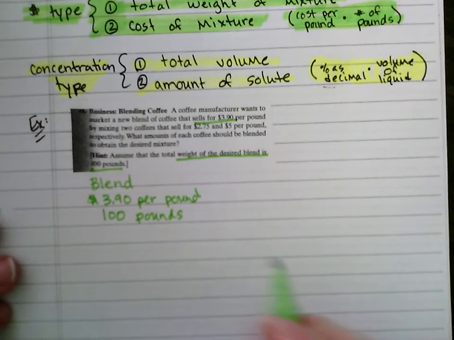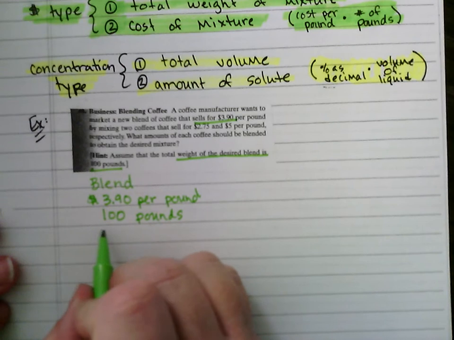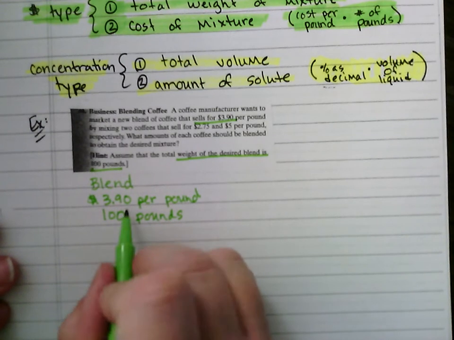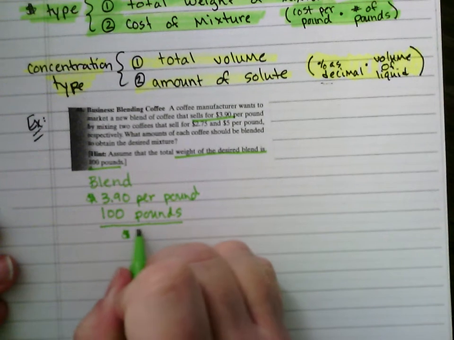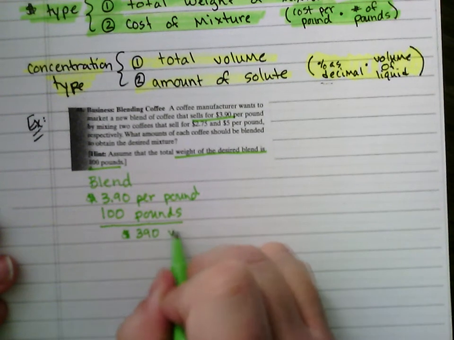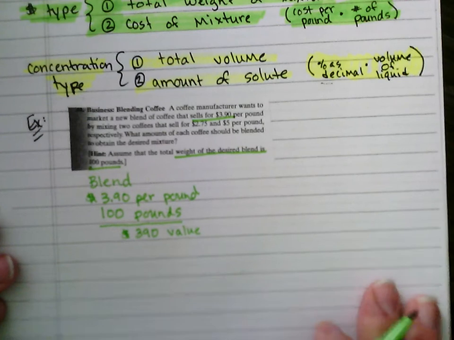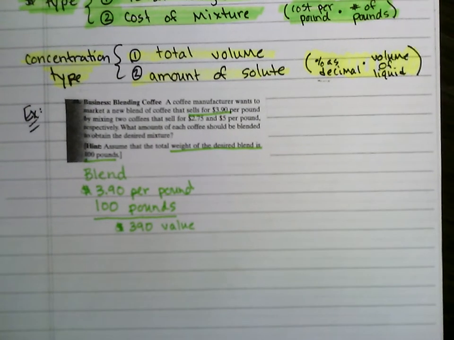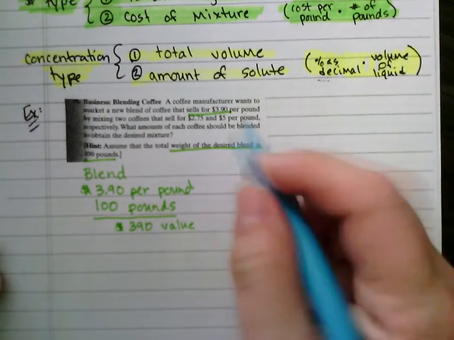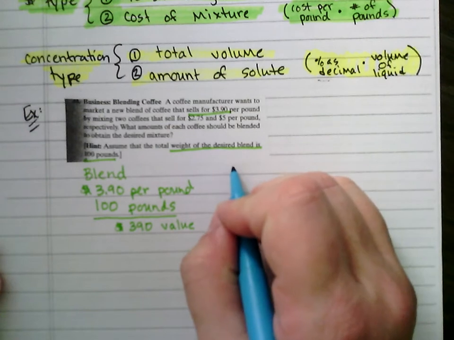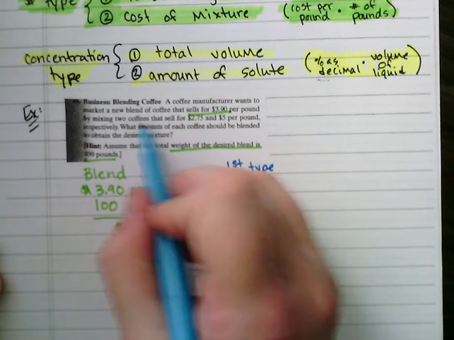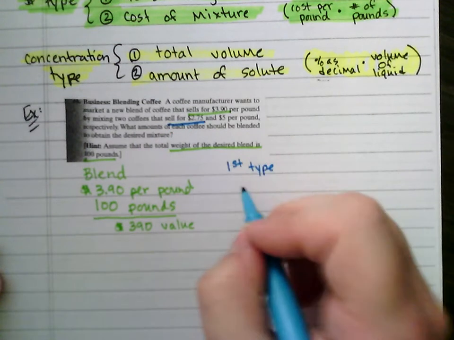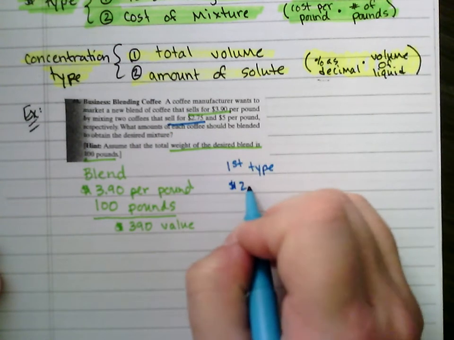So when we figure out the total worth of that blend, we would multiply $3.90 times 100 pounds. So we have a $390 value for our blend. And we're doing that by mixing one type of coffee that doesn't really give us a name. So the first type of coffee is going to sell for $2.75 per pound.